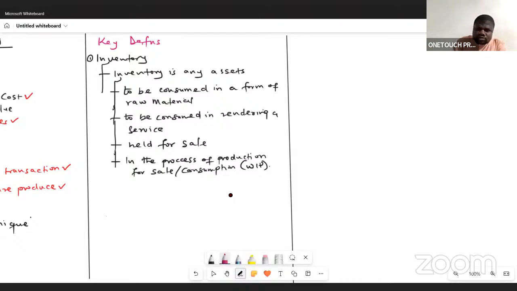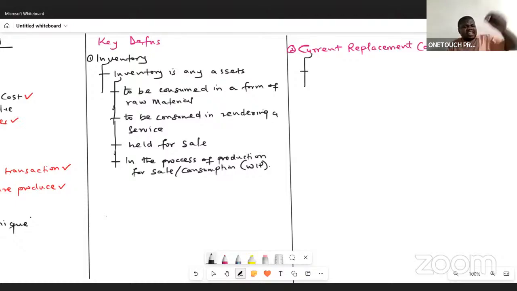Current replacement cost. Take note of the difference. Current replacement cost, we are looking at the cost you are going to incur to replace the asset.